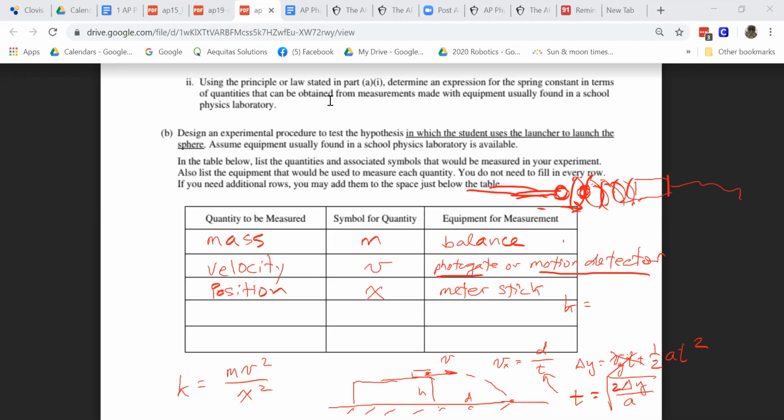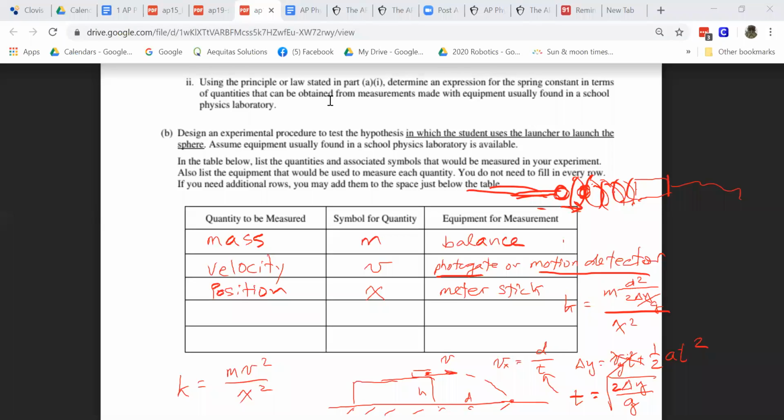K is equal to 1/2 m times v squared. Well, what is v squared going to be? v squared is d squared over 2 delta y over g, where g is the acceleration of gravity, over t squared.